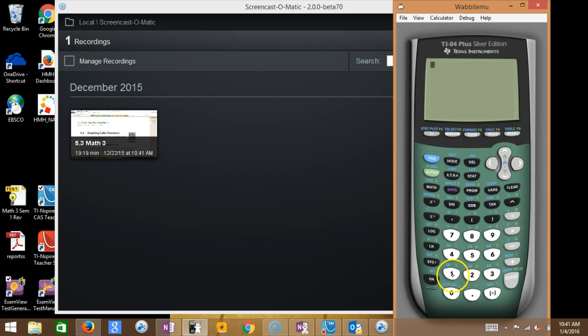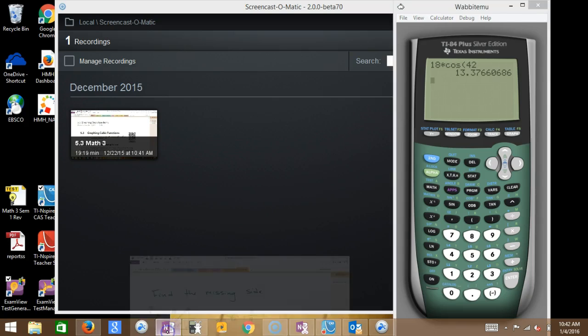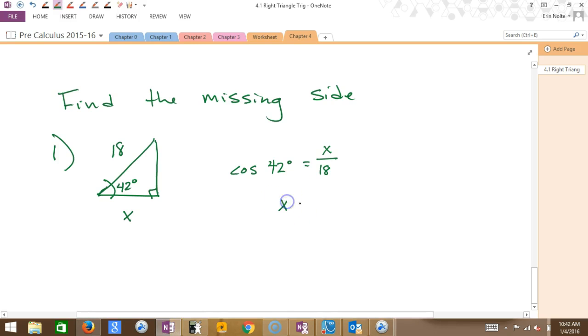Okay, and I would even type the 18 in the front times the cosine of 42. You can still type the 18 in the back, just make sure you end the parenthesis. Did everybody get 13.38, we'll call it? Okay, good.